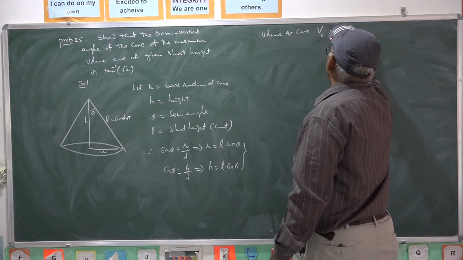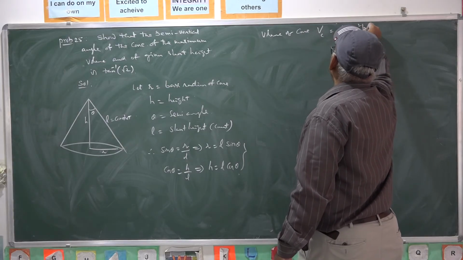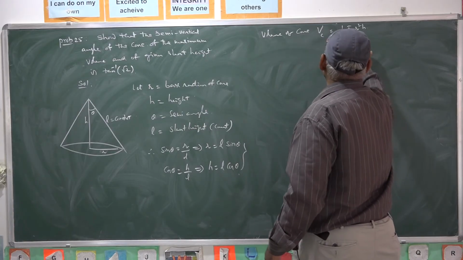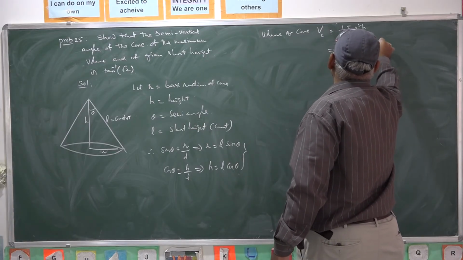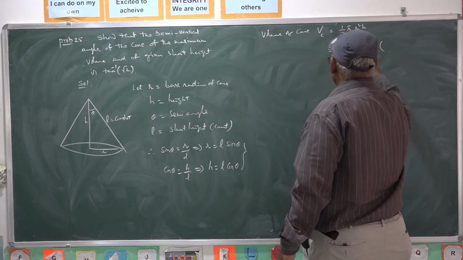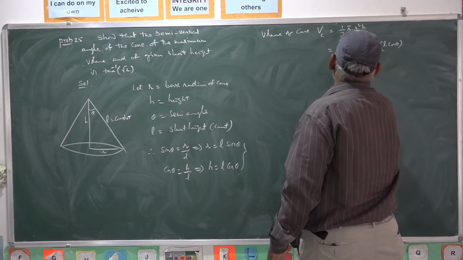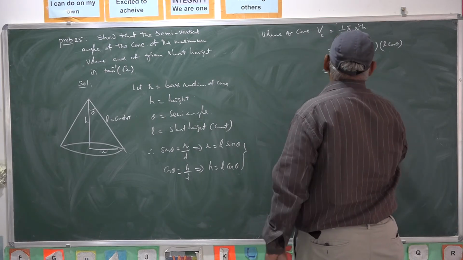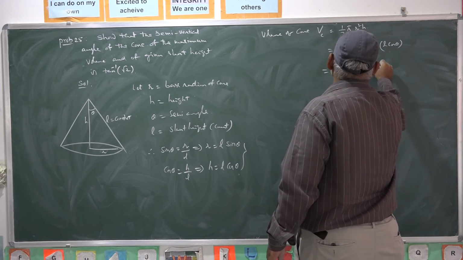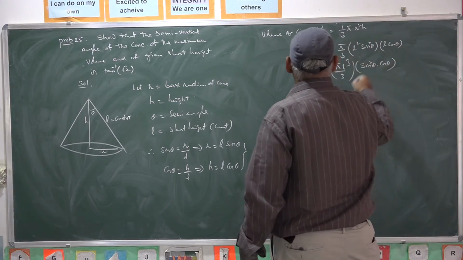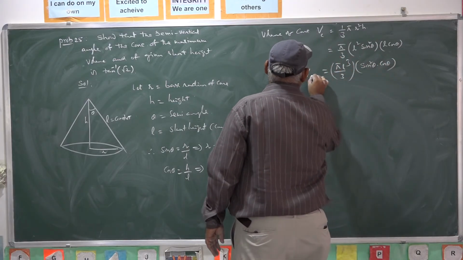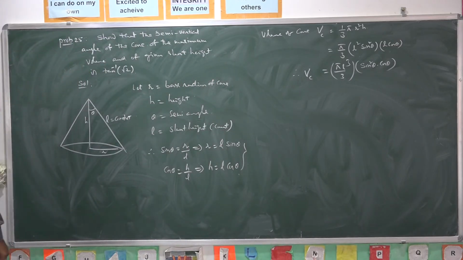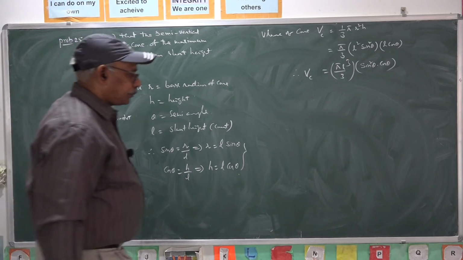So V equals 1/3 pi R square H, that is pi by 3 into R square. R square is L square sin square theta into H, L cos theta. So pi L cube by 3, this is totally constant because L is constant, and sin square theta into cos theta, here theta is variable. So the volume of the cone is here in terms of theta because L is fixed.